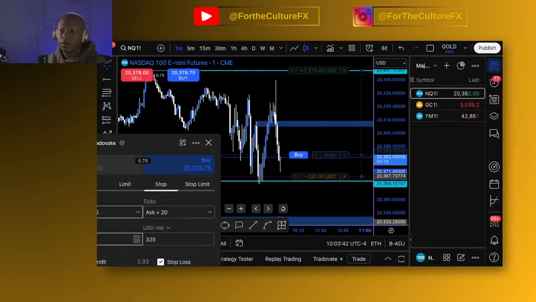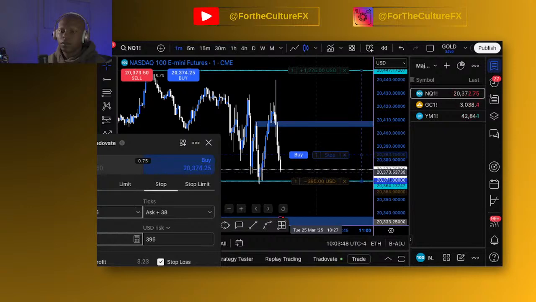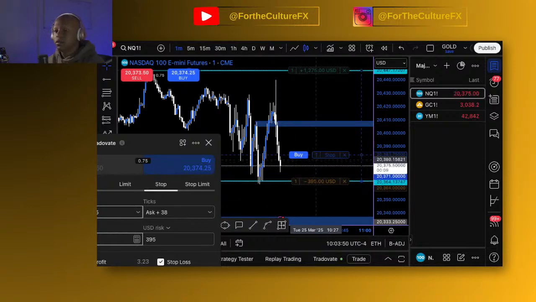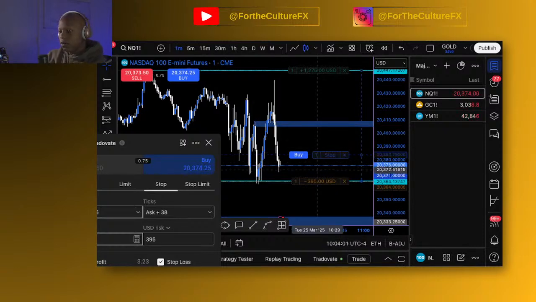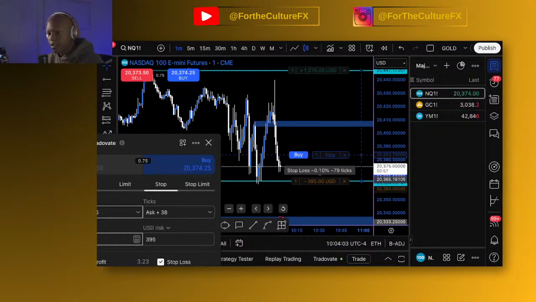All right, and push back bearish. Waiting. Nope, candle closed bearish. That's not my confirmation. We have to wait for the confirmation.